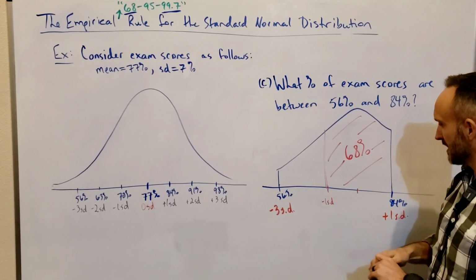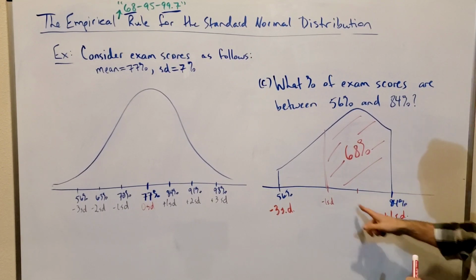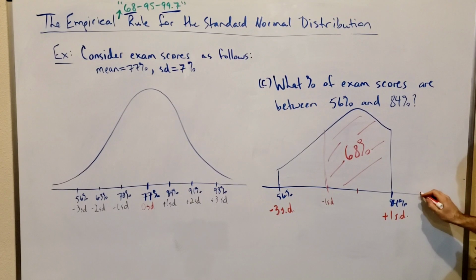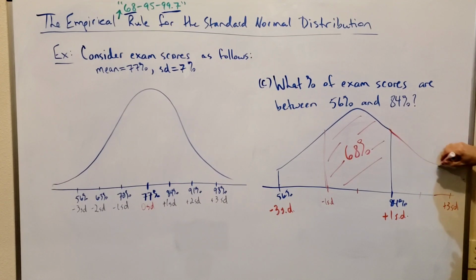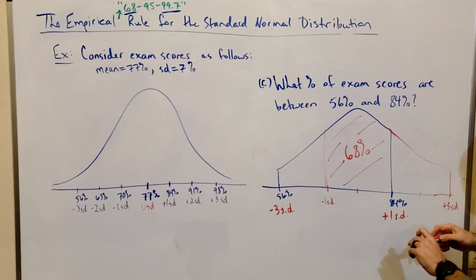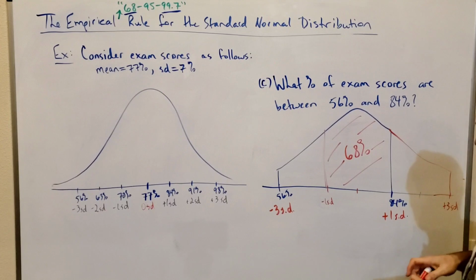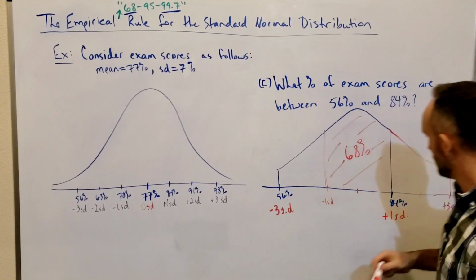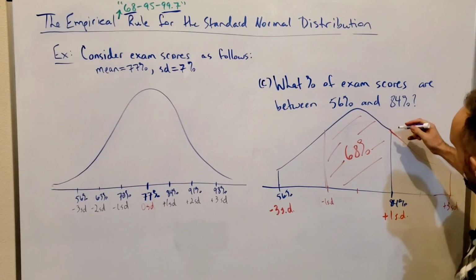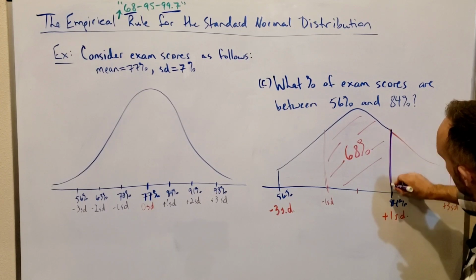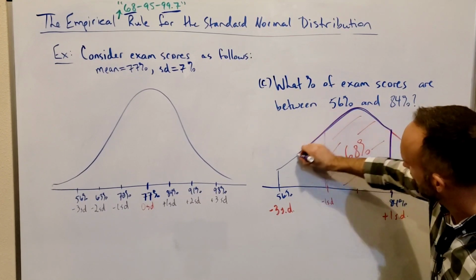Okay? Simple, right? Let's expand out to +3 standard deviations. And by the way, what I'm interested in here, let me keep this in purple, is between the 84% and the 56%.